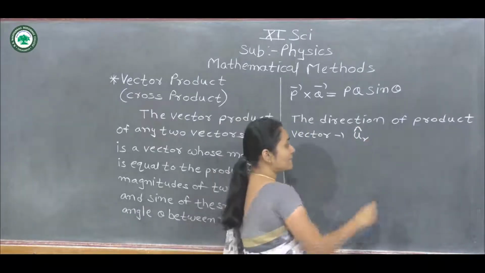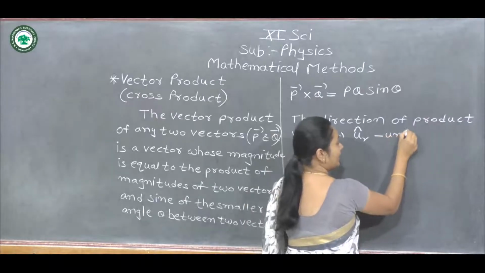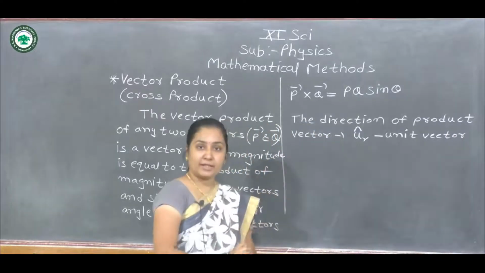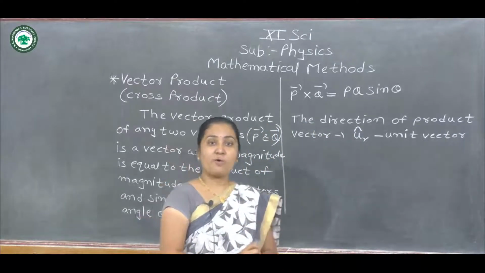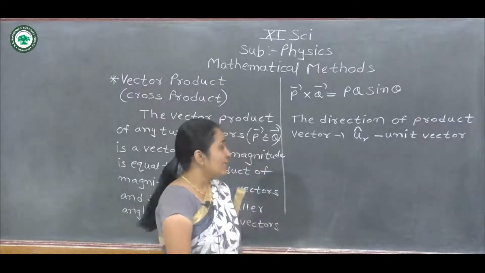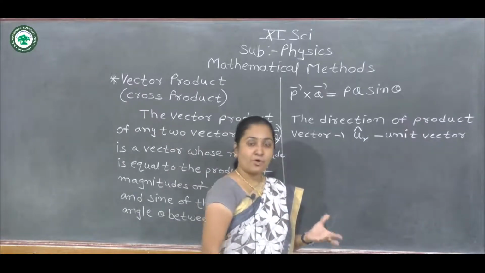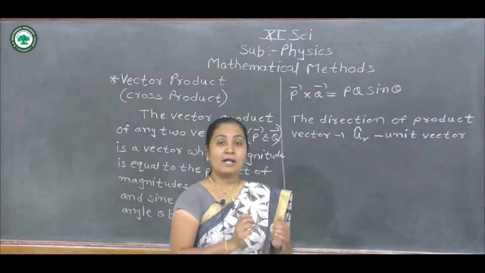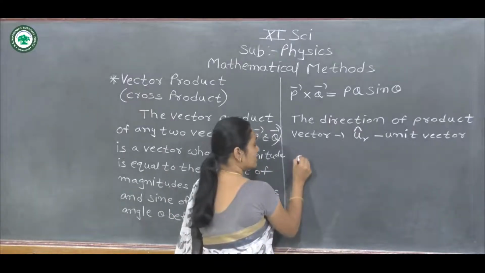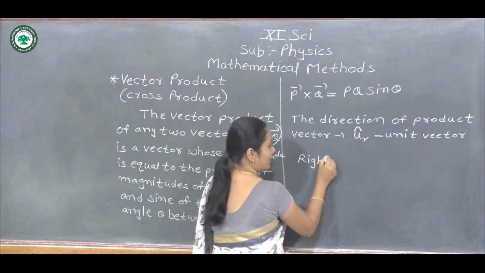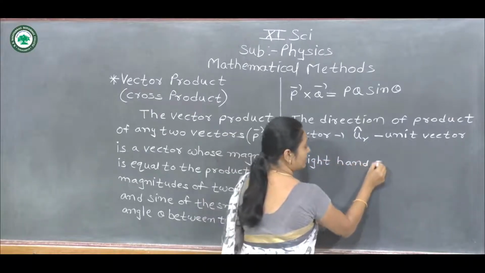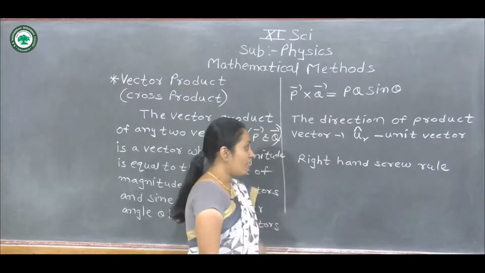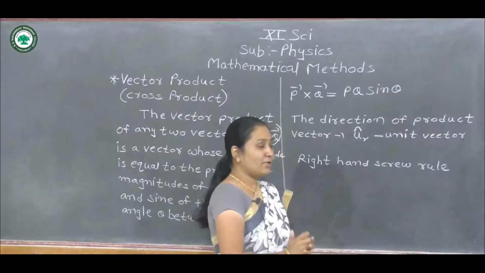This u cap is nothing but a unit vector which gives the direction of the product vector, and the direction of u cap, or the direction of the resultant vector, is given by the right hand screw rule. We will study this direction by using the diagram.